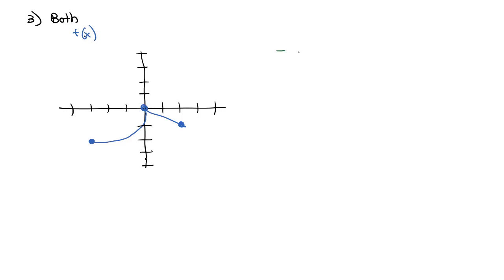And we're going to graph negative f of negative x. Now the negative inside, that one's going to be a horizontal reflection. The negative outside is going to be a vertical reflection, which means my points are going to reflect both vertically and horizontally.